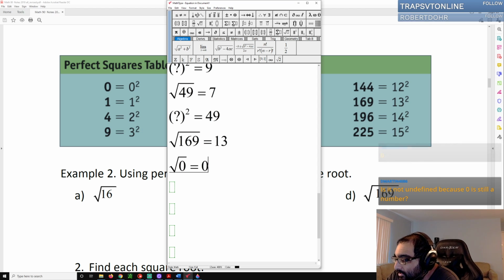So starting with 0, from 0 going on up. Yeah, 0's not classified as a negative number. It's not a positive number either, but negative numbers are the only ones that don't work for square roots. But we're not going to get into that in this class. So I don't want to add more information than what's necessary.